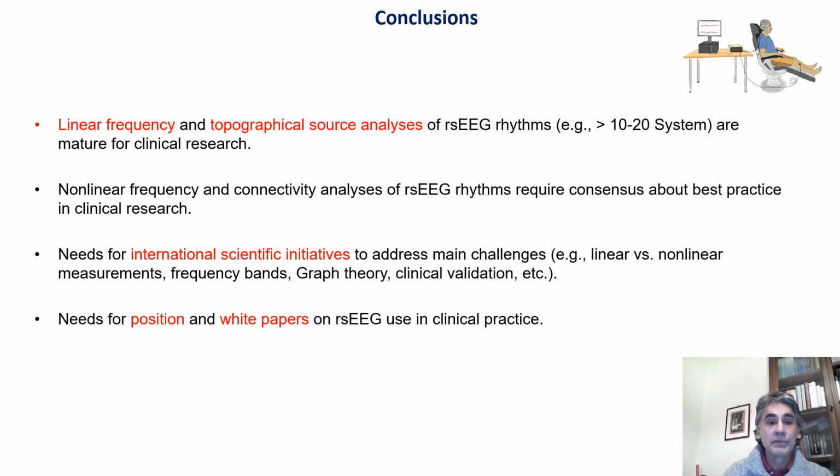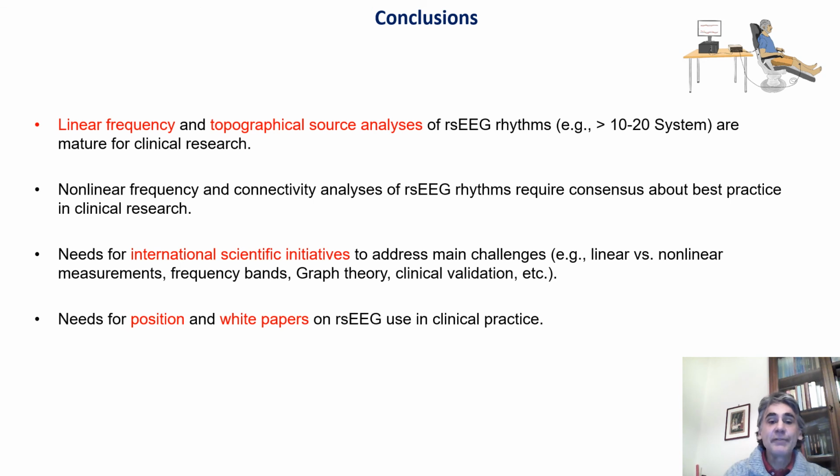In conclusion, linear frequency and topographic source analysis of resting state EEG rhythms are mature for clinical research, according to the outcome of the workgroup of the International Federation of Clinical Neurophysiology. Nonlinear frequency and connectivity analysis of resting state EEG may require more consensus about the best practice in clinical research.